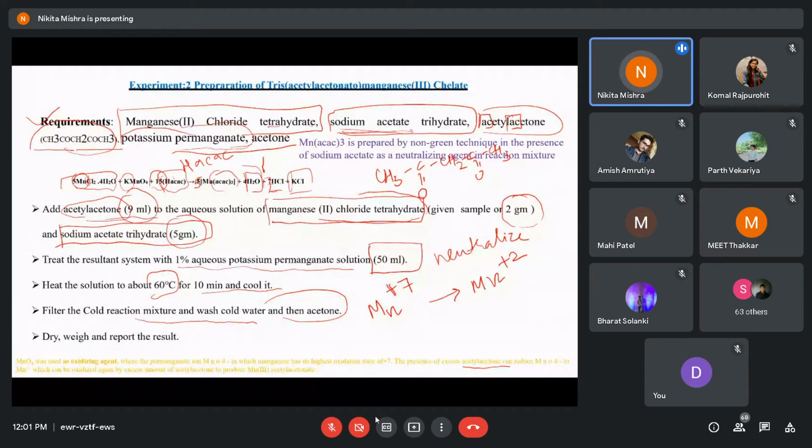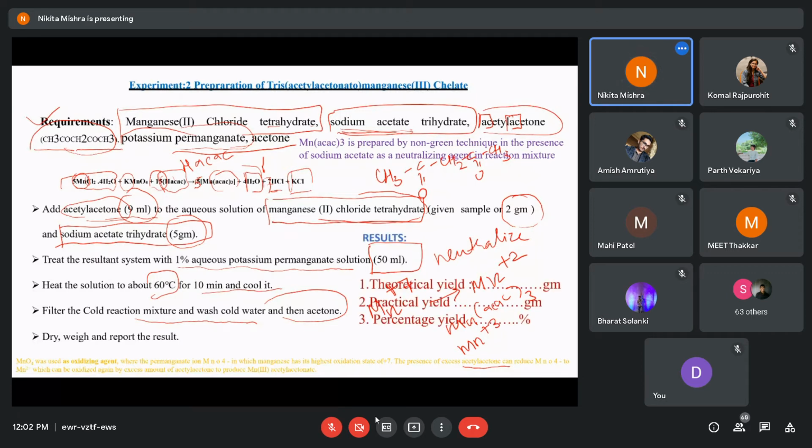So at the end, what we are getting is Mn(acac)3, that is, Mn is obtained in the +3 state. These are the main things which we need to learn in this preparation. Again, the result is to be reported with the theoretical yield, practical yield, and the percentage yield.